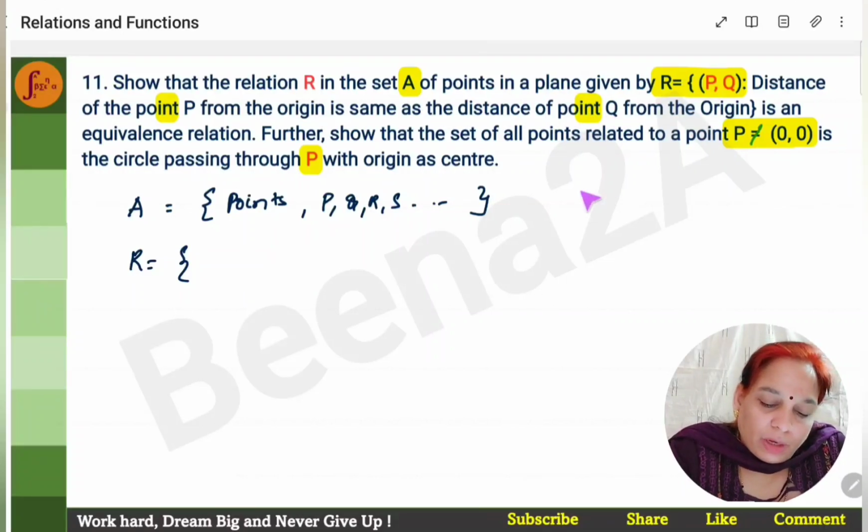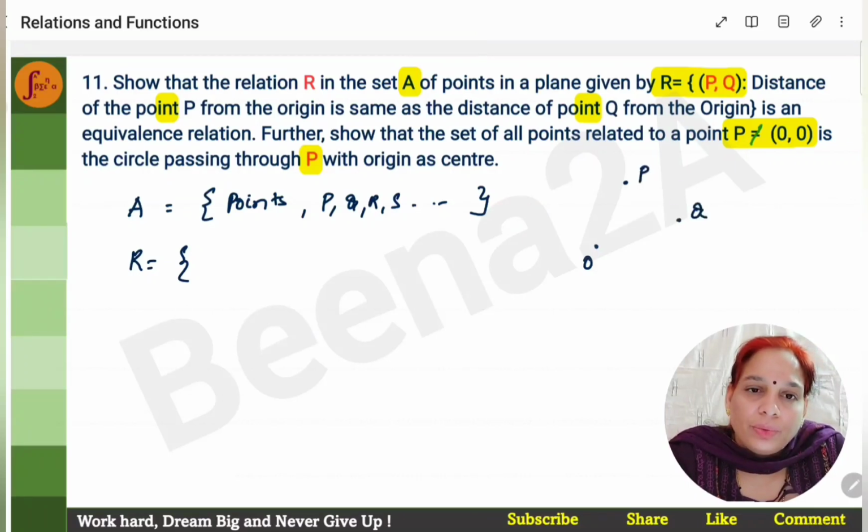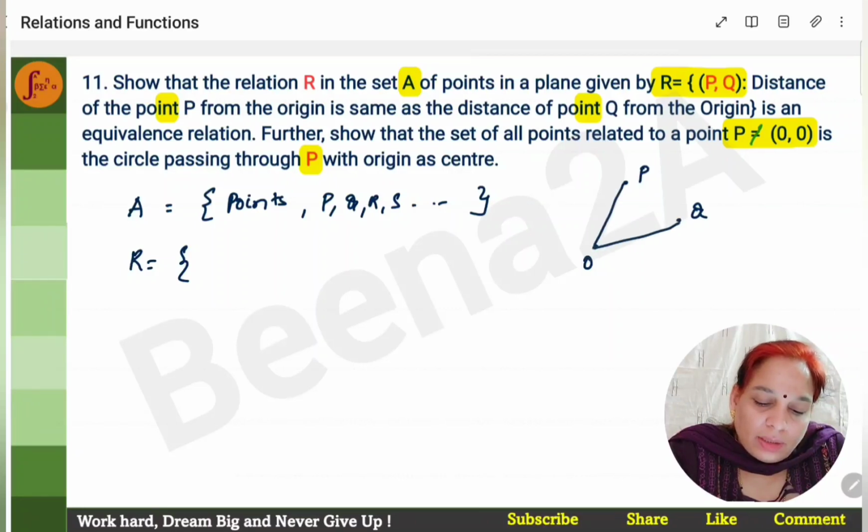That means now say this is the origin. You have 2 points in the plane somewhere, P and Q. If I call this O, the origin, the distance from O to P and O to Q is the same, right?